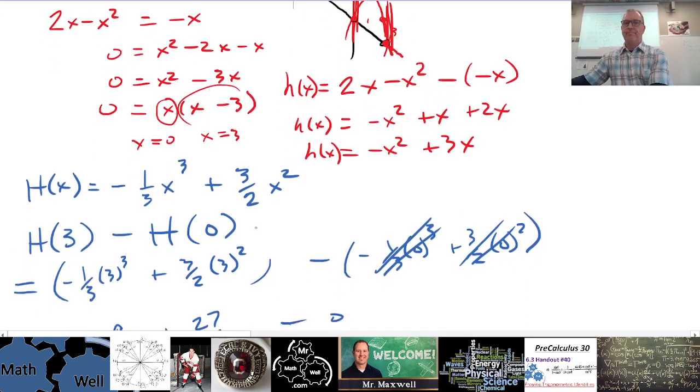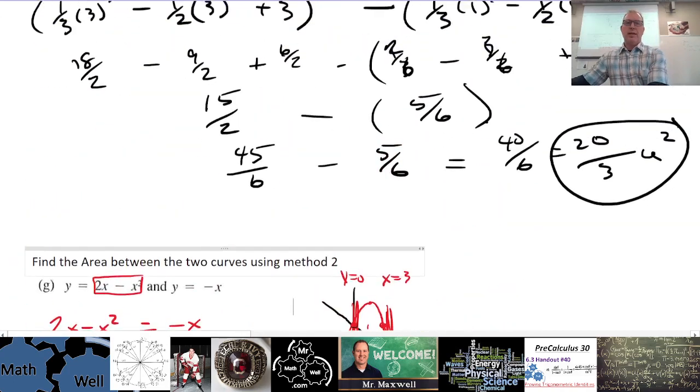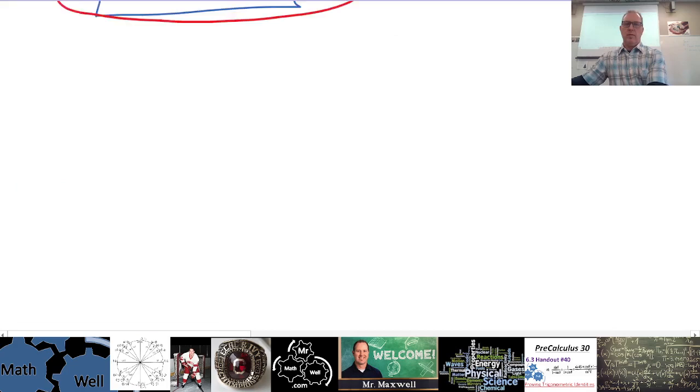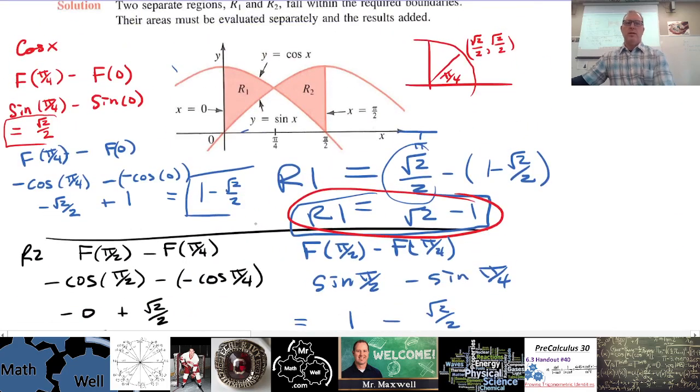All right? So in a question like this, the sine and cos one that we did, this one's a bit tricky because you can't do this, because the functions take turns being the top ones, right? If it was just from 0 to pi over 4, then you could do this sort of method too and subtract the 2 and go from there. But you still kind of have to piecewise things.